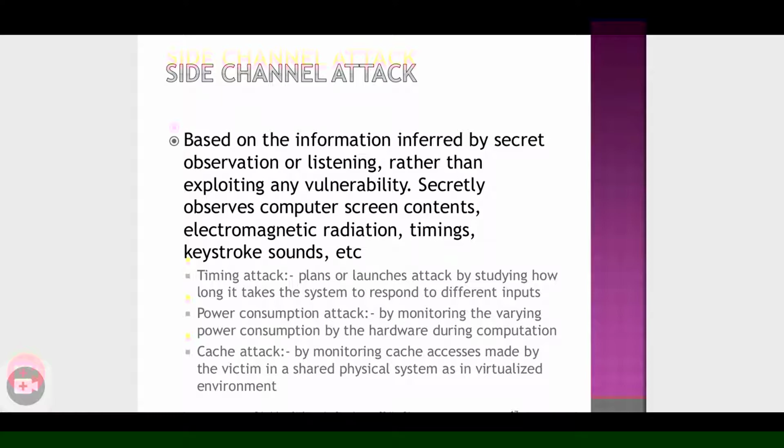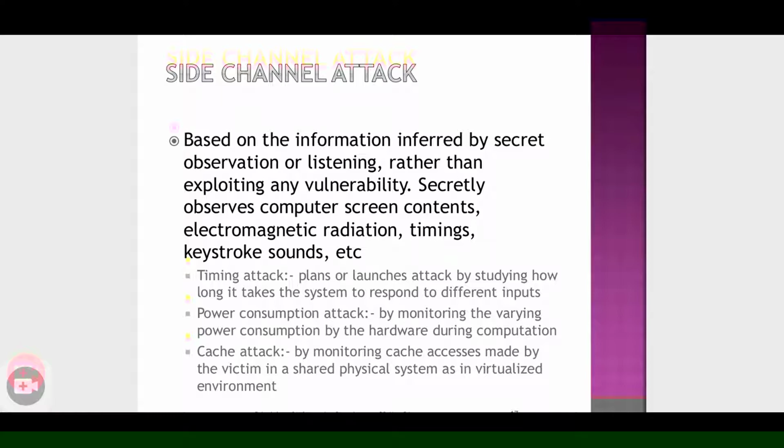Timing attack means the attack is made by studying how long it takes the system to respond to different inputs. For a particular input, the response is somewhat long, and for some inputs, the response time is very low. Based on that, the attacker can attack a particular system. That is timing attack.